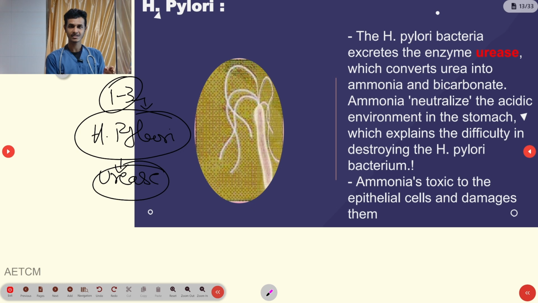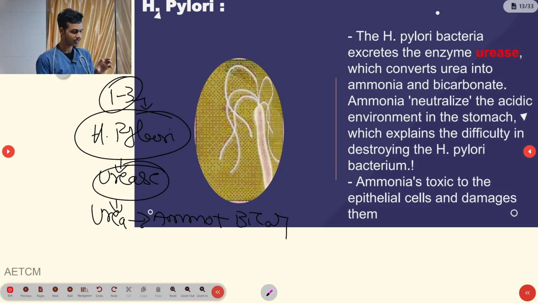So, this urease, what will it do? In our body we normally have urea, which is one of the substances. It will convert the urea into ammonia plus bicarbonate.